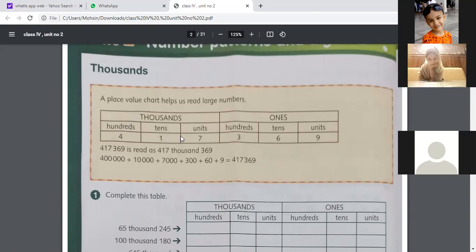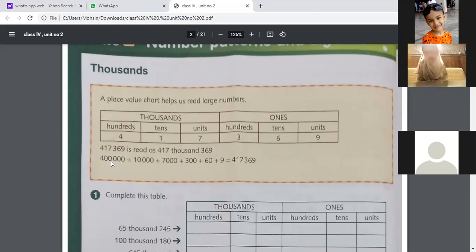So how are we going to read this one? You can see here they write it together, and it is read as 417,369. In 400,000, how many zeros do we have?